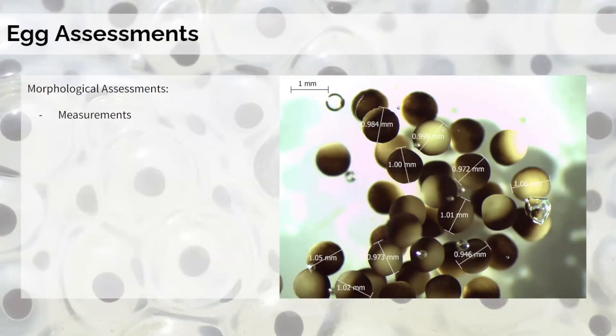So it's good to have a baseline idea of what your eggs are supposed to be in terms of size, but taking size of your eggs every year, every breeding season, might give you a good idea of when you might have malnourished eggs or eggs that are not as viable.